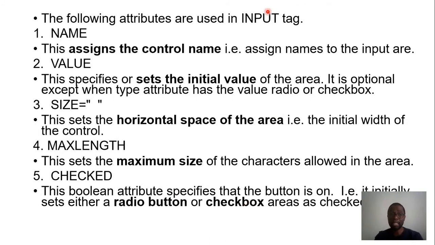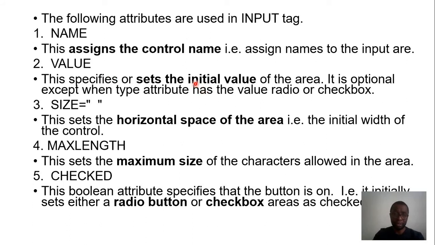Now, this input tag would have lots of attributes, and you will choose one or a few of these, and one of them is name. We've said that sometimes it's good to assign your control a name, so it assigns the control name, and then value helps us to set the values to go to some controls. A good example is, you can decide to have an initial value set for something.